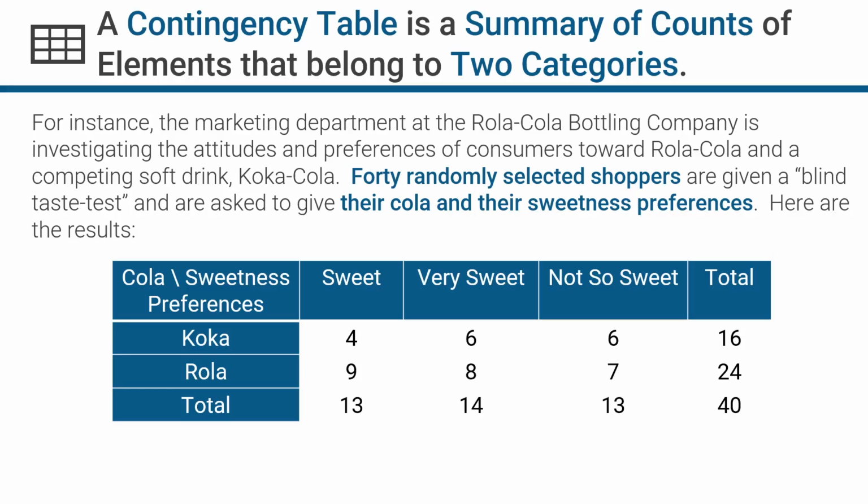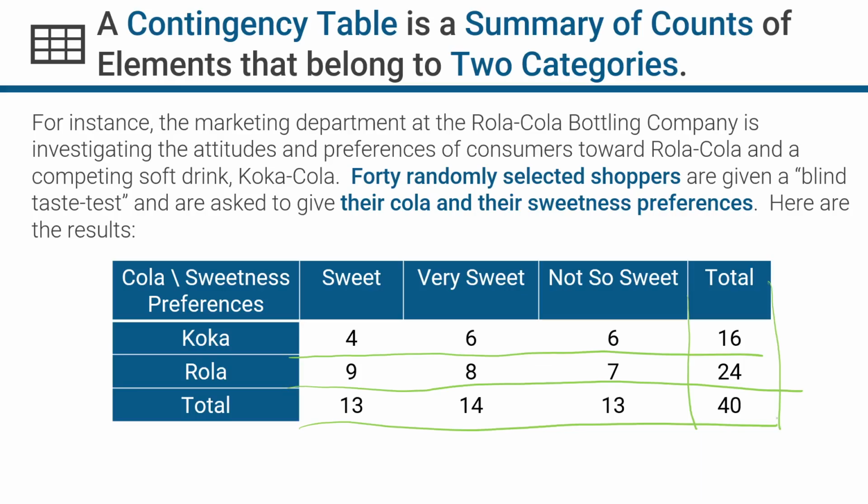So for Coca-Cola and Rola Cola, weird names. Anyways, let's divide them accordingly. In total, you have 40 in all of them.